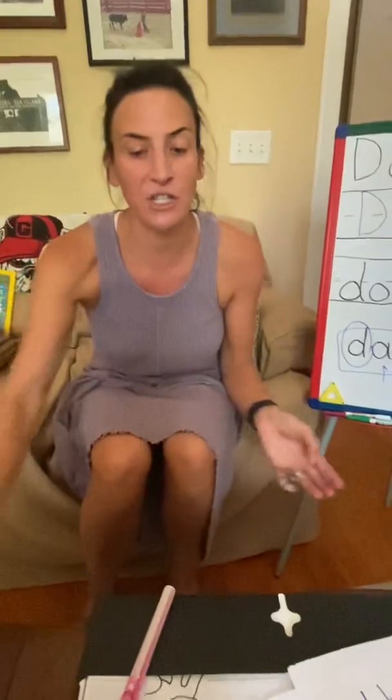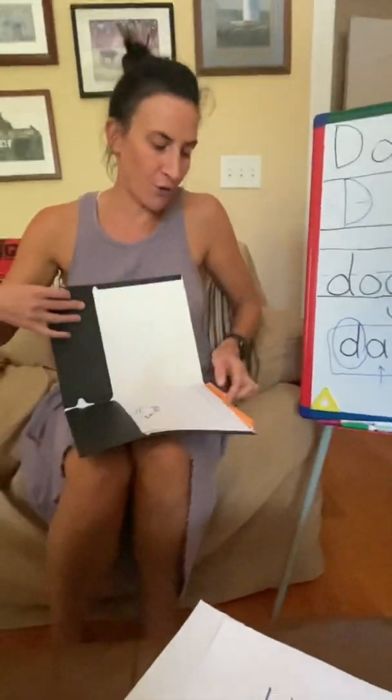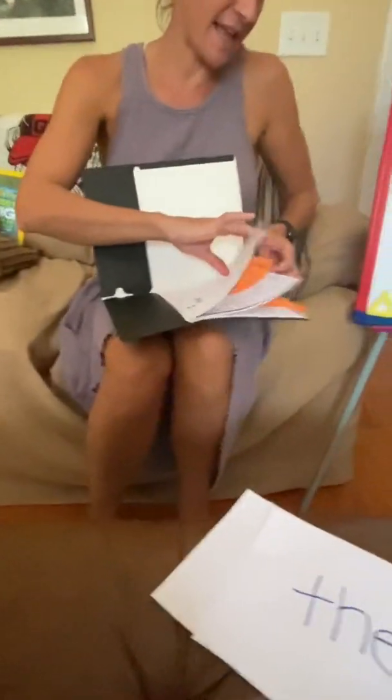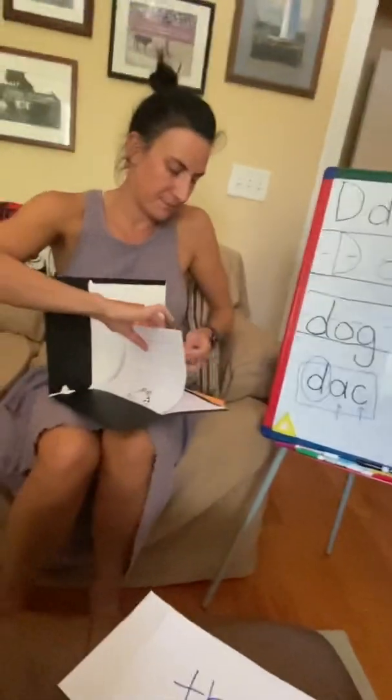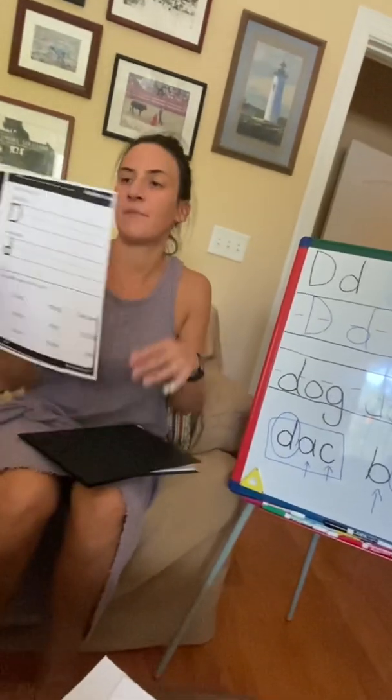Okay, what I want y'all to do now is find your black folder that I sent you home with. Go to the orange section that says phonics and find this.